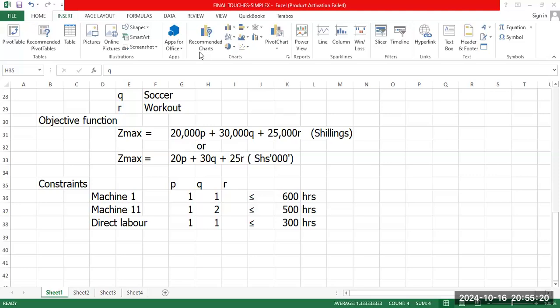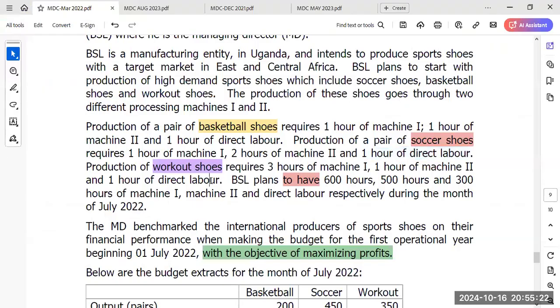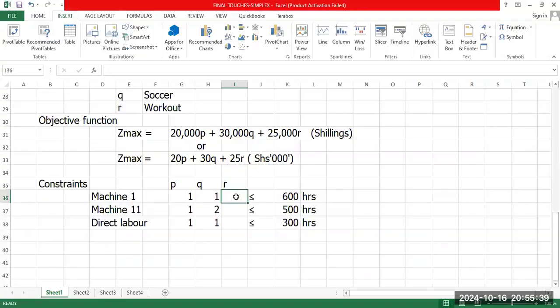Then R, that is your workout shoes. Production of workout shoes requires 3 hours of machine 1. So where there is machine 1, we put 3. Next is what?